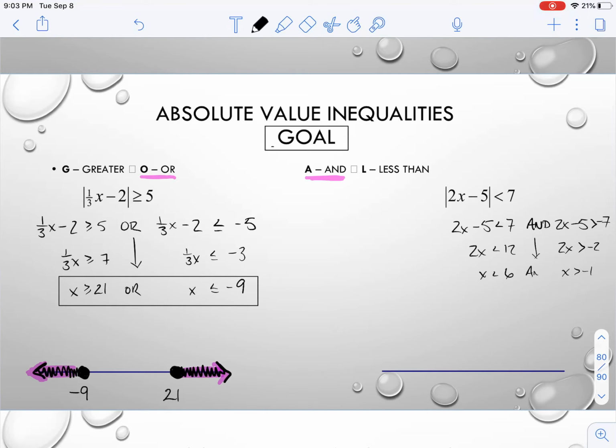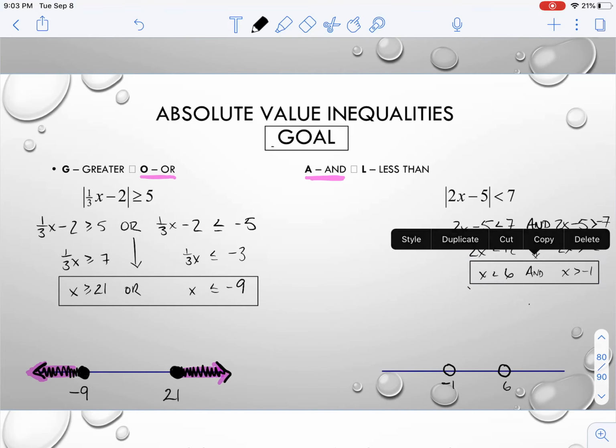Again, this "and" follows us down. So what I'm going to end up with here, I'm going to have 2 points. I'm going to have a point at -1 and a point at +6. These are both going to be open circles because neither includes the endpoints. Now, the difference is, for a solution to be true from an inequality, it must be in both the interval x less than 6, and the interval x greater than -1.